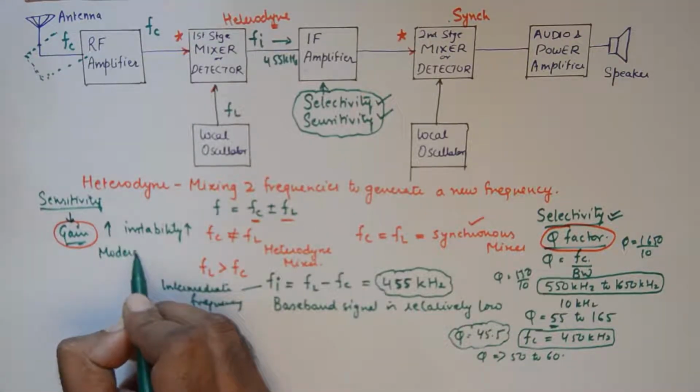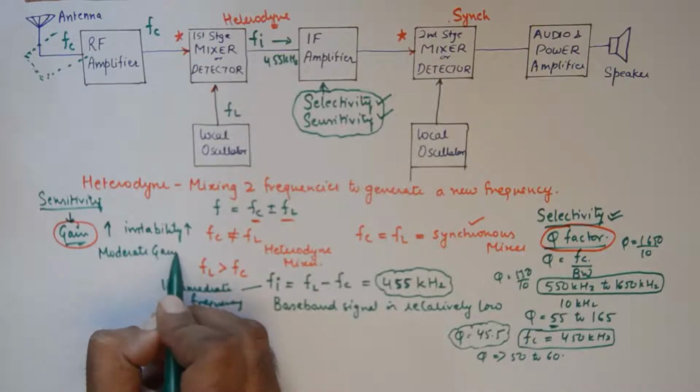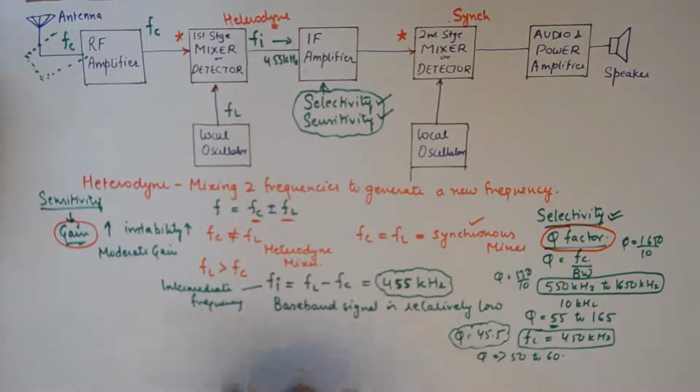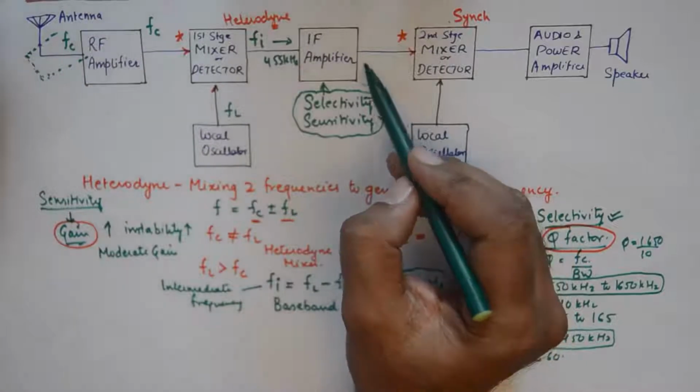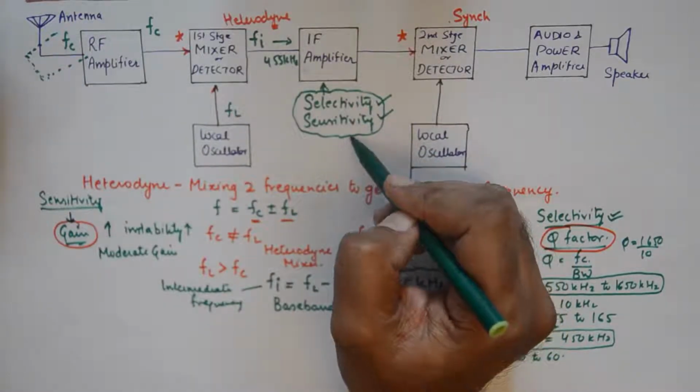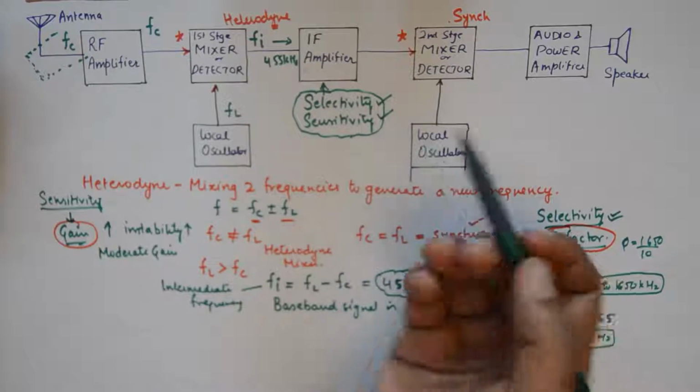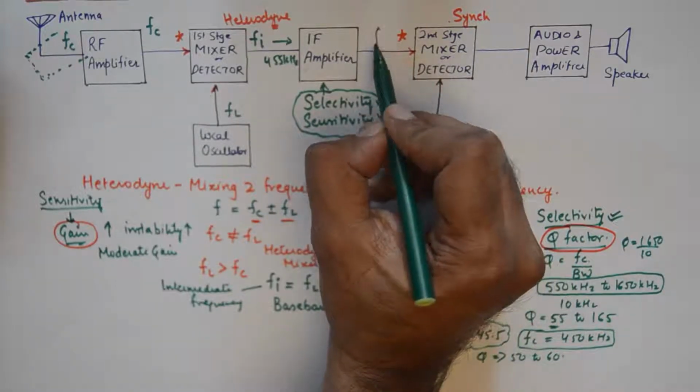And the scientist Armstrong fiddled around with a lot of values of frequencies, and he found that the 450 to 500 kilohertz range is the one that gives us an optimum, moderate value of gain, and hence the system becomes stable.